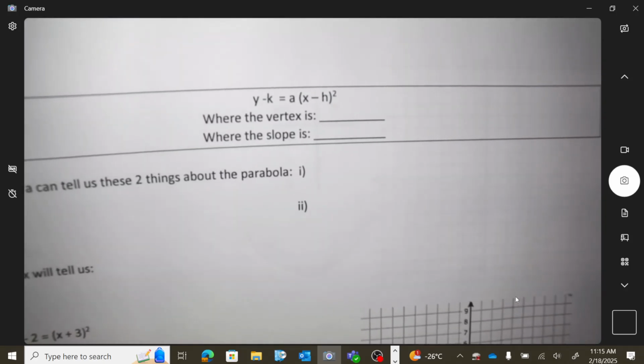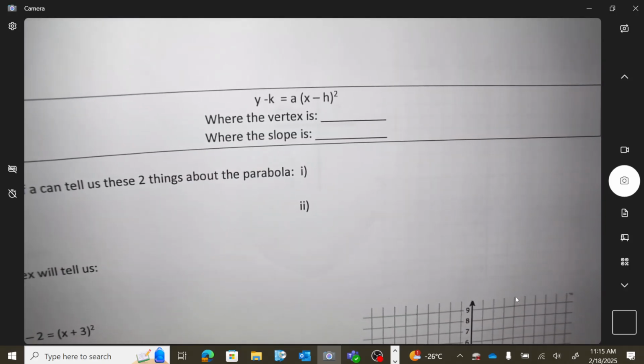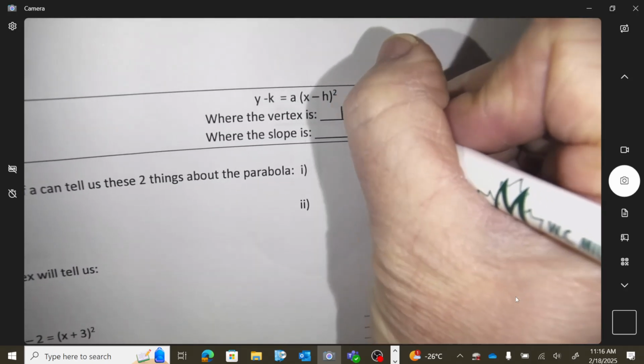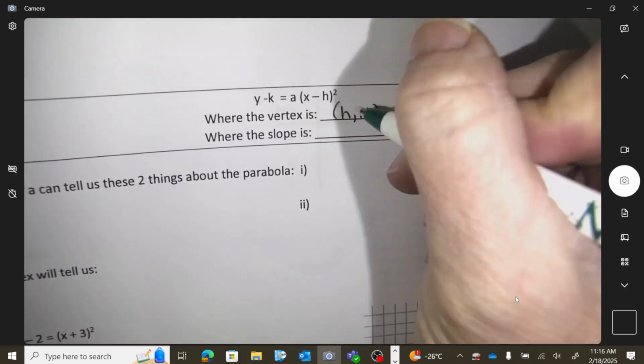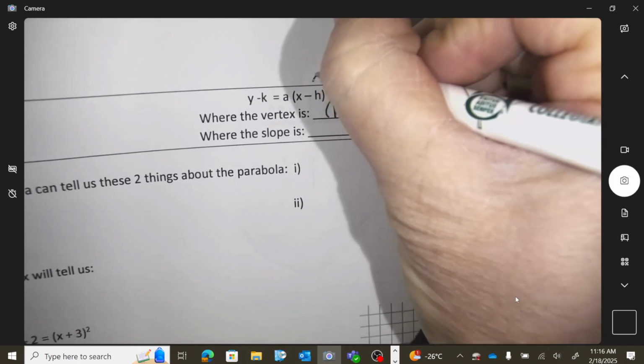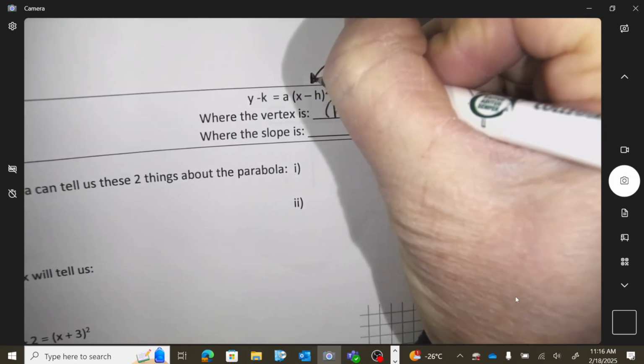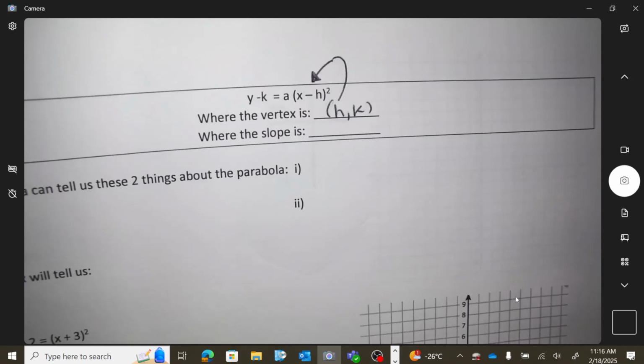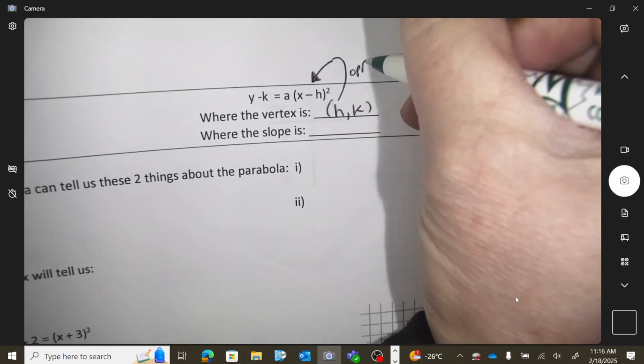Okay, so today we're going to learn standard form, which looks like this. So the vertex is going to be h and k. When I grab this h value, because the formula has a subtract h, and I want h, I'm going to be using the opposite value.